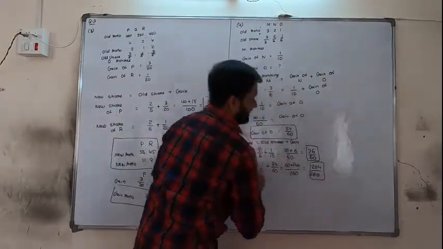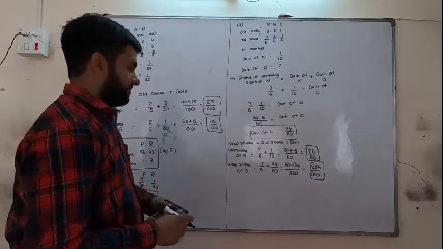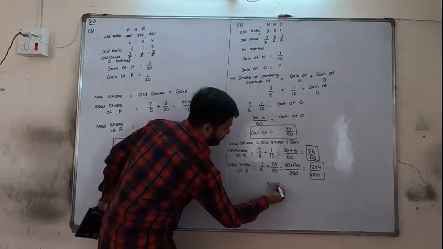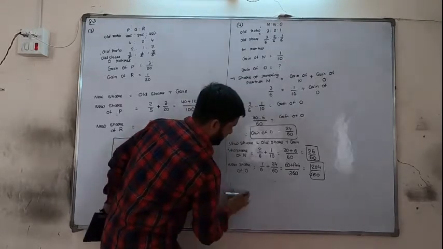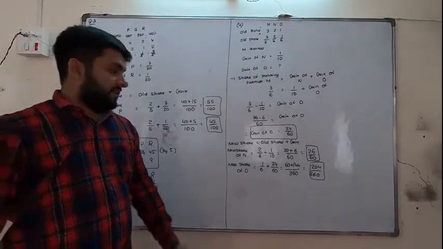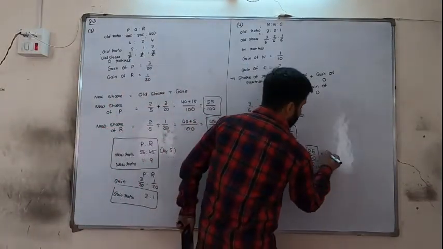Sorry, not 60, 360. Then 6 into 24 is 144. Okay, now N is to O. Sorry, first we have to make the denominator equal. Here the denominator is 60, here the denominator is 360, so multiply it with 6.